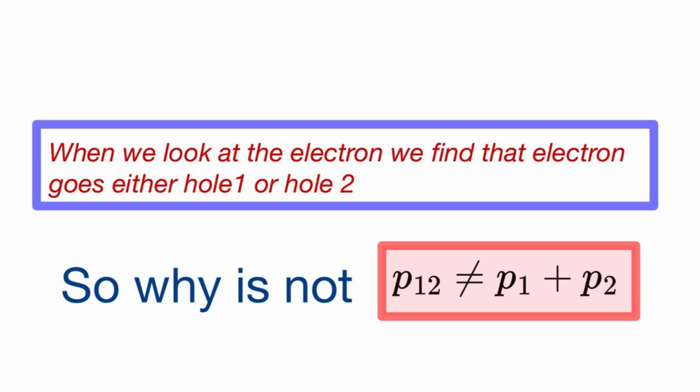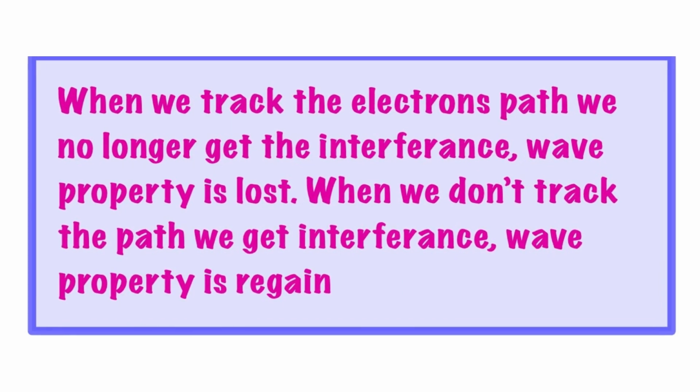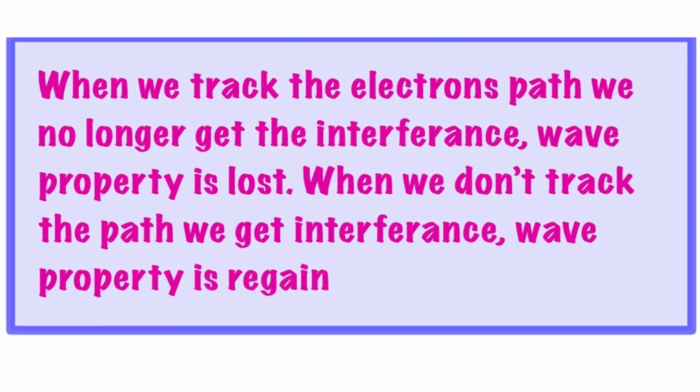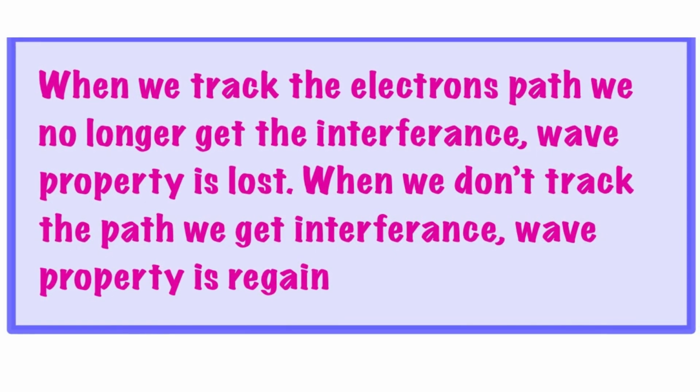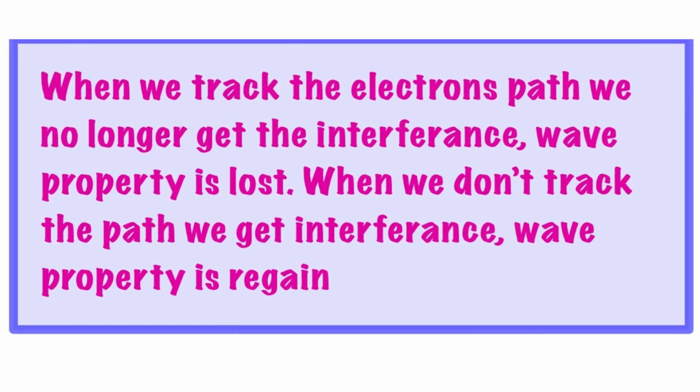Here is the most exciting statement that I have ever made. When we track the electron path by scattering of light, we no longer get the interference. When we turn off the light and don't track the path, we get interference.